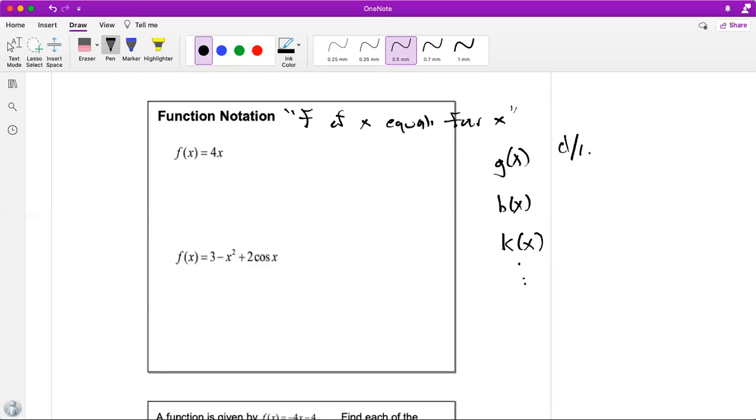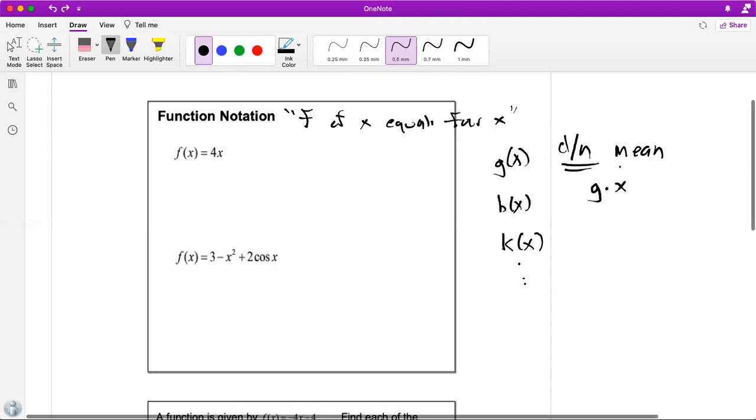I'm going to write that down because it's so important. Doesn't mean like g times x. It means g of x. It's telling you that the function is named g and the input variable is named x. That's what it's telling you.